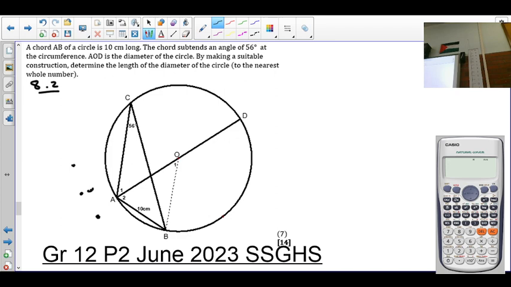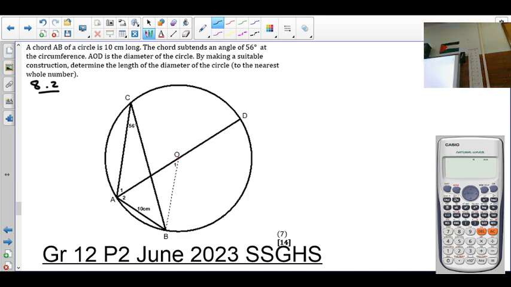So the diameter of the circle is twice the length of the radius, not so? So if I calculate the length of OD and multiply it by 2, I've done the job. Not so?